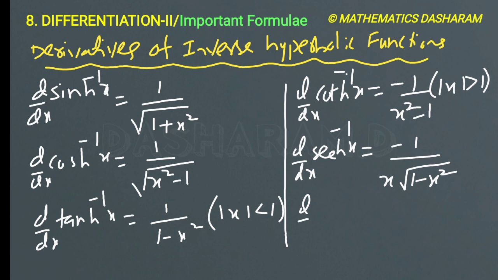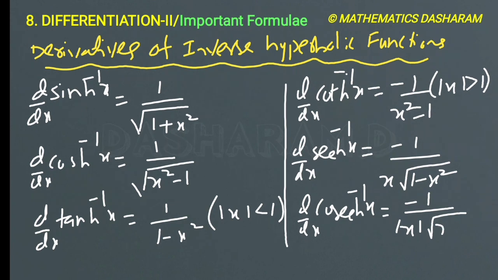Next, the last one is derivative of cosech inverse x equal to minus 1 divided by mod x into under root x squared plus 1. So these are the inverse hyperbolic functions derivative formulas.